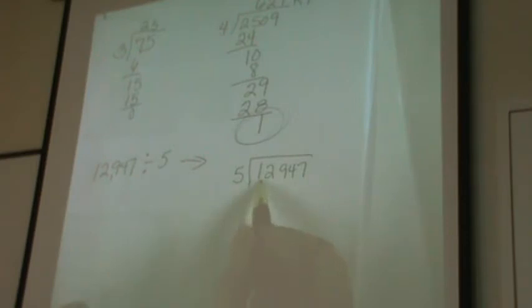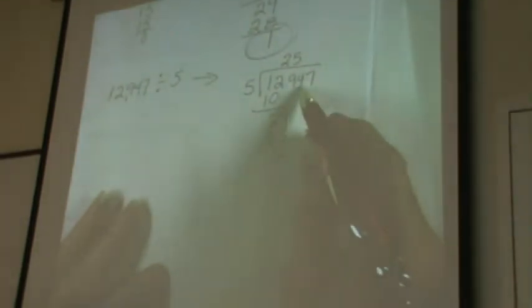5 into 1? No. 5 into 12? 2. 2 times 5? 10. Subtract that. 2. Bring your 9 down. 5 into 29. 5. 5 times 5? 25. Subtract. 4. I'm going to scoot this up.